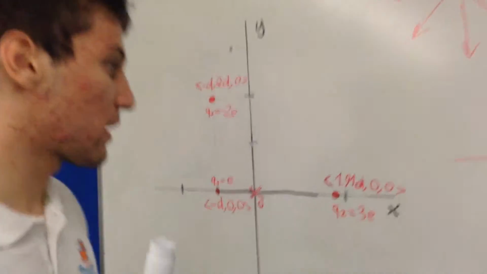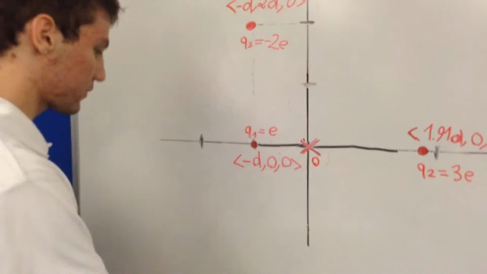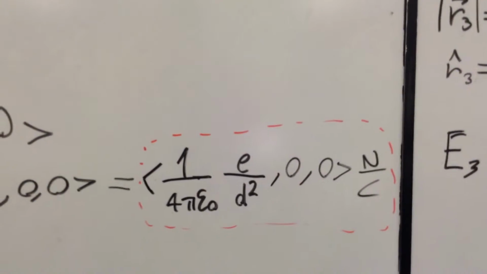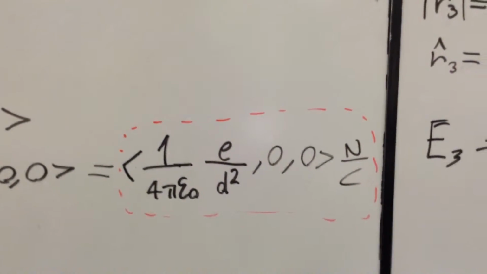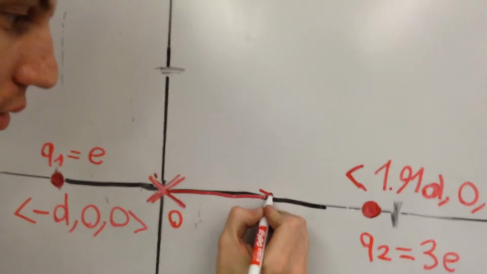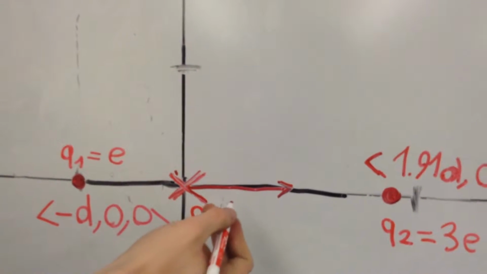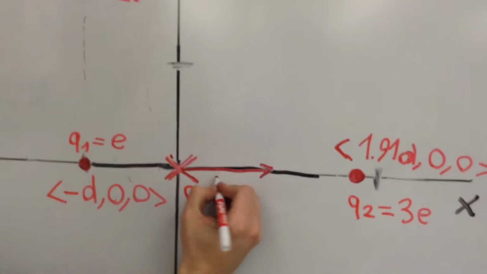Now, if you want to draw it, since the x is positive and the others are 0, we shall draw an arrow that points towards the right of this assumed magnitude. And I'll label it as E1.